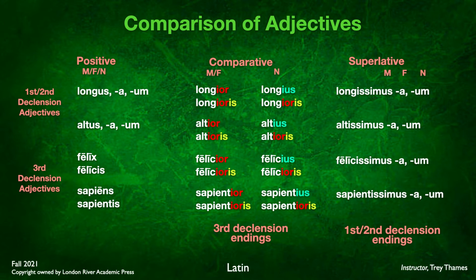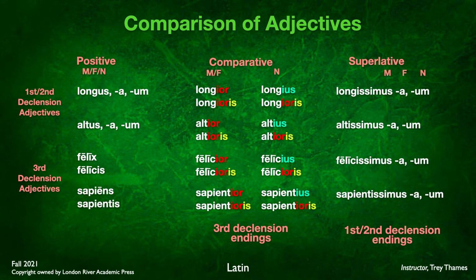For the third declension, of course, you always need to look at the genitive because there's often a shift from the nominative to the genitive in a stem. So here, felic-, and for sapiens, sapient-. To those, you add -ior in masculine and feminine, and you use the third declension endings: blank, -is, -i, -em, -e, etc. For the neuter, just remember that in the nominative singular you use -ius.